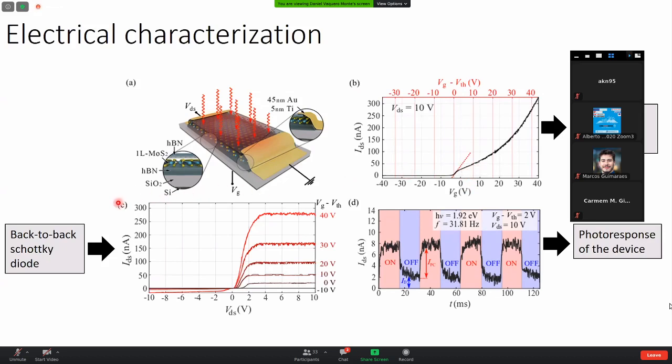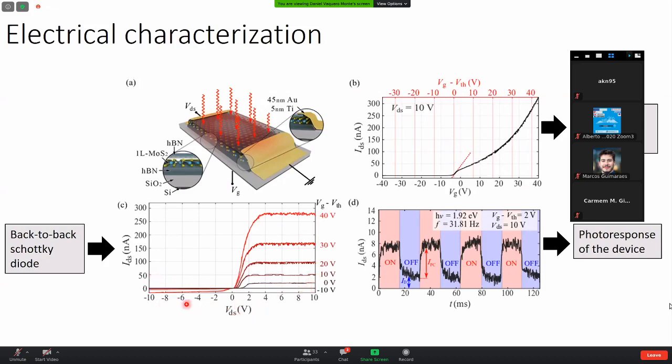In figure C, we have the IV curves of the device for different gate voltages that are indicated here. And we see that the device has a saturation for high source-drain voltage. This current saturation is provoked because we have Schottky contacts, and this gives us the behavior of a back-to-back Schottky diode.